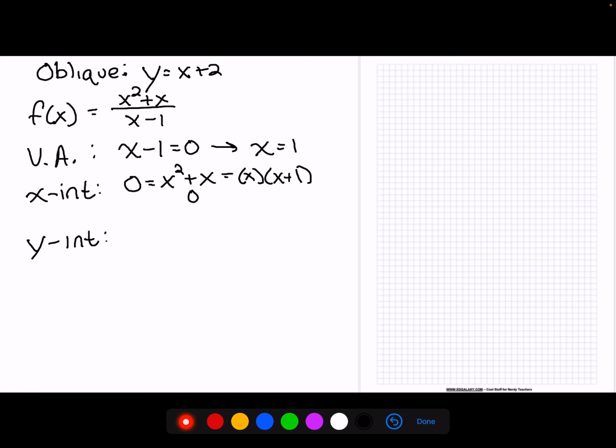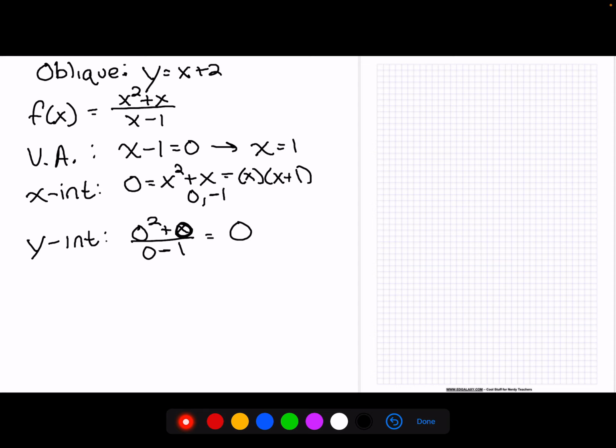So you've got 0 and negative 1 for your x-intercepts. Then for the y-intercepts, you plug in 0 for x and you end up with 0, so it intercepts at the origin.